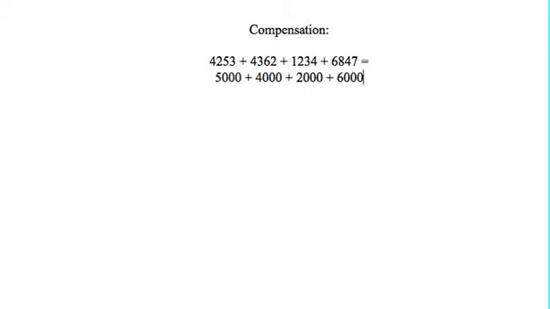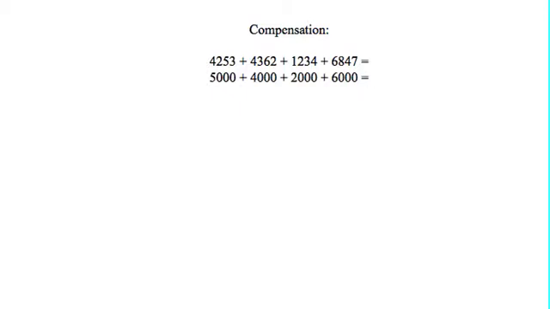When we do an equation and you're trying to figure out the sum, that's when we change it so that the first one, I'm going to say round up. The second one we round down. The third one we round up. And the fourth one we round down. And then that gives you your about sum.